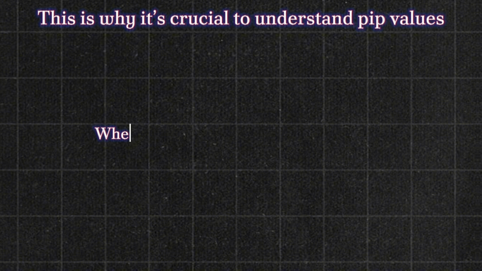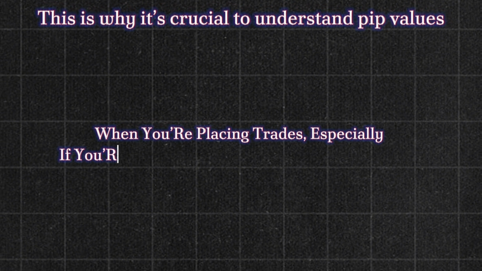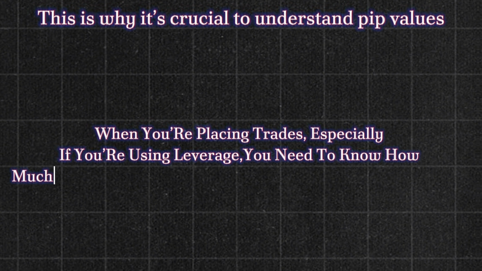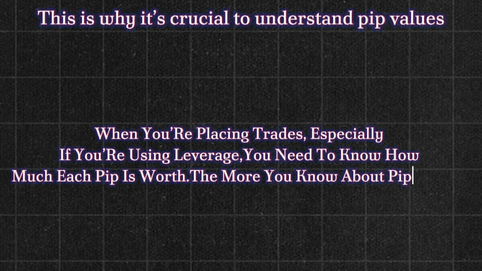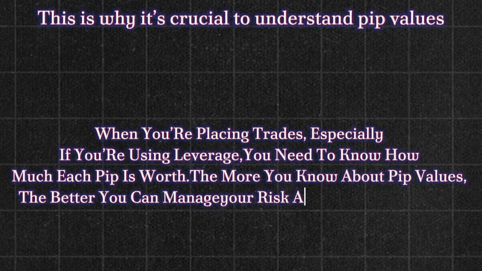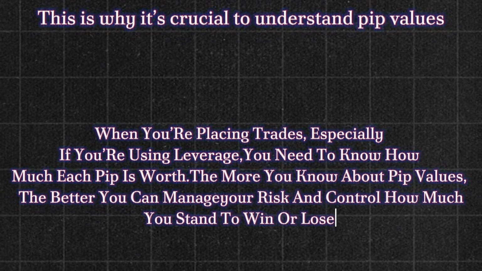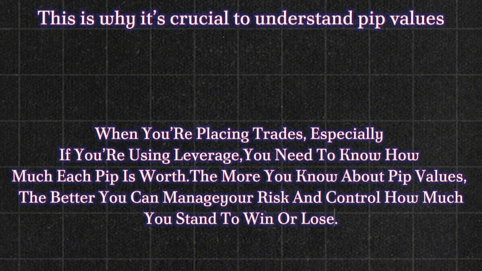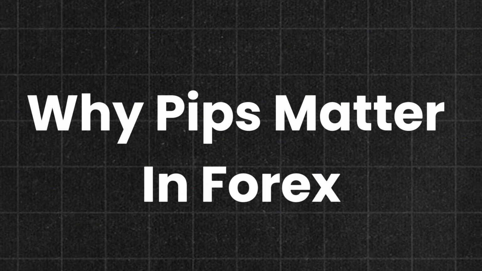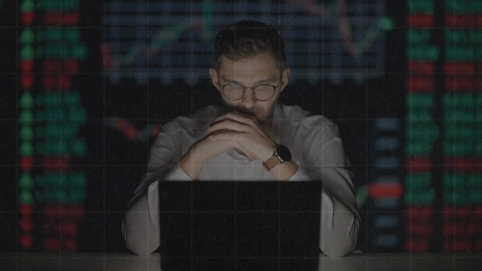This is why it's crucial to understand pip values. When you're placing trades, especially if you're using leverage, you need to know how much each pip is worth. The more you know about pip values, the better you can manage your risk and control how much you stand to win or lose. Why pips matter in Forex? You might still be asking, okay, so pips are important, but why should I care?